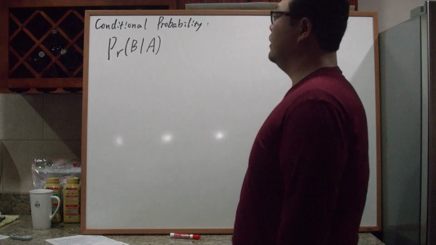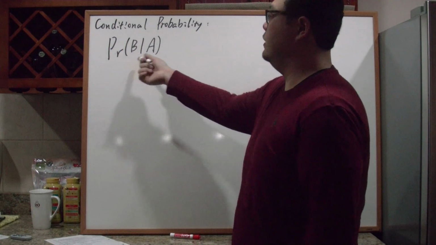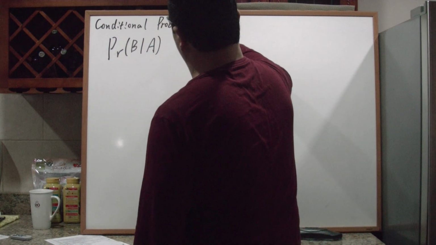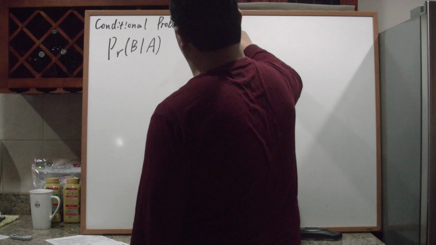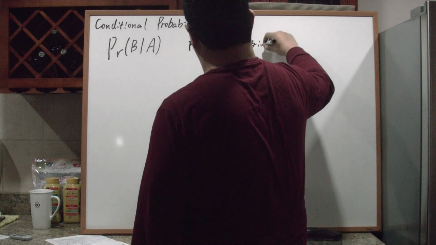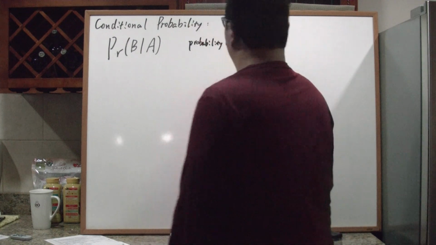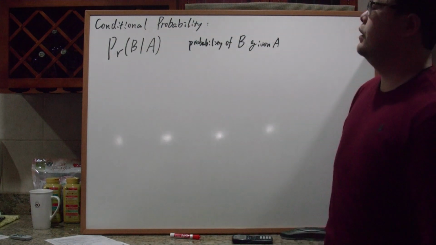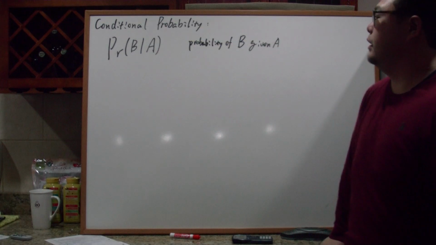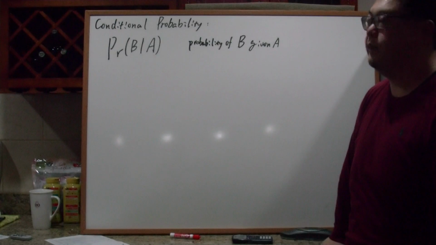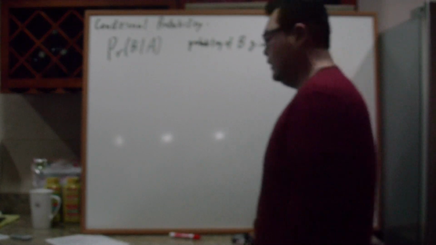The notation here is called the probability of B given A. We have a short vertical line to separate them, and the probability of B given A is how we read it.